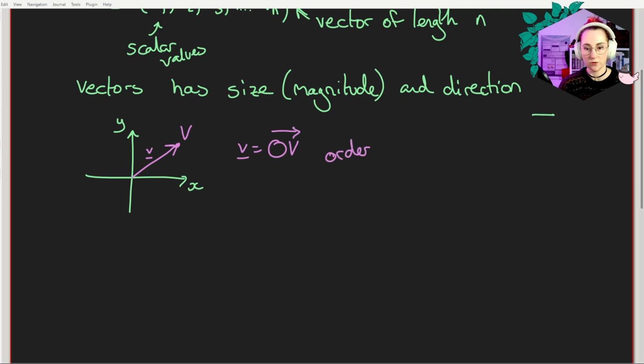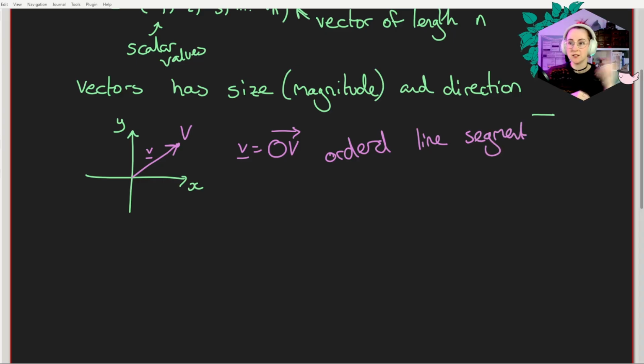And this is where our ordered line segment definition comes in. From one point to another point, arrow in between the two. Magnitude, size then being the length of the vector, direction being the rotation. Exactly.